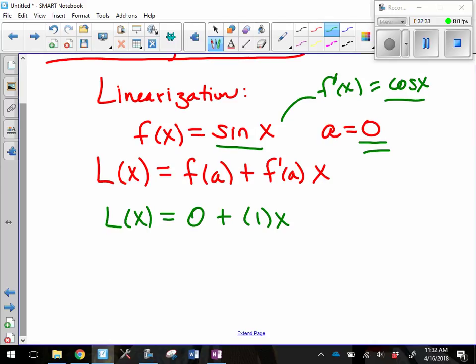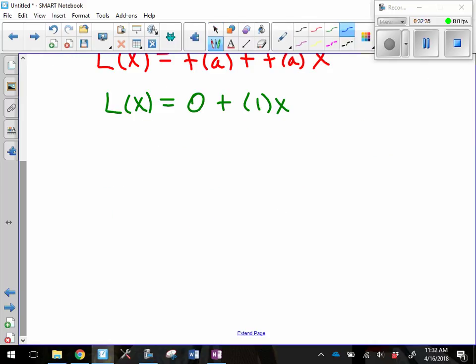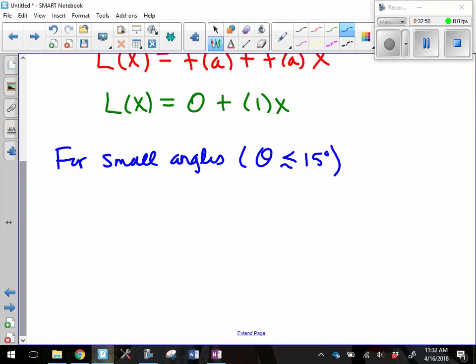So what this tells me is that for small angles, and even though you have to do this whole thing in radians, theta's got to be less than about 15 degrees.